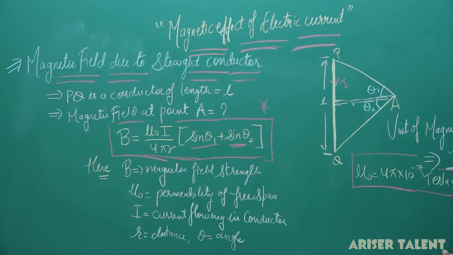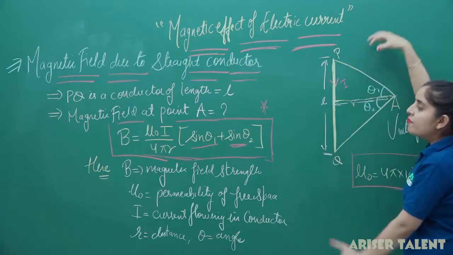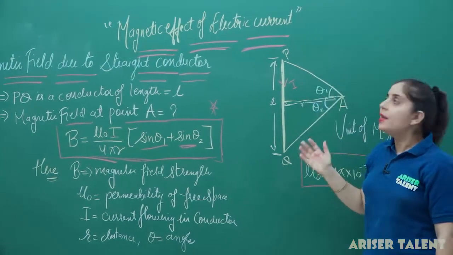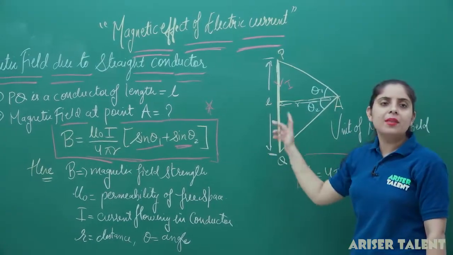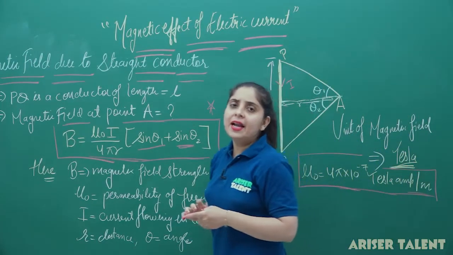Now, assume that this conductor is of infinite length. We do not know the length of the conductor. Firstly, we assumed that the length of the conductor is L, but now we do not have any idea about the length.